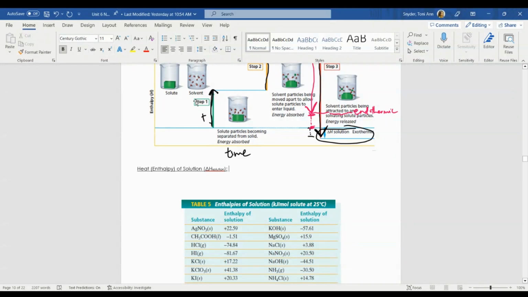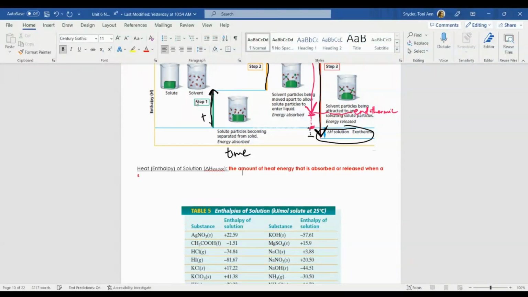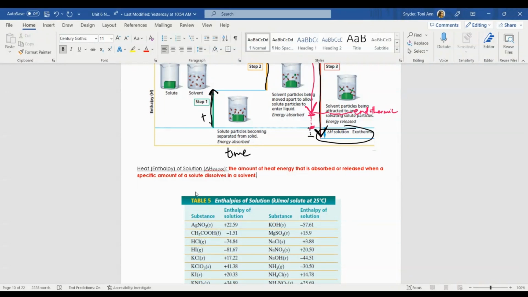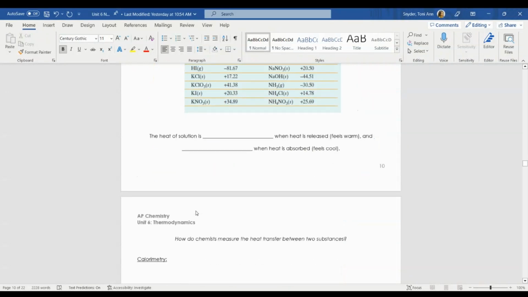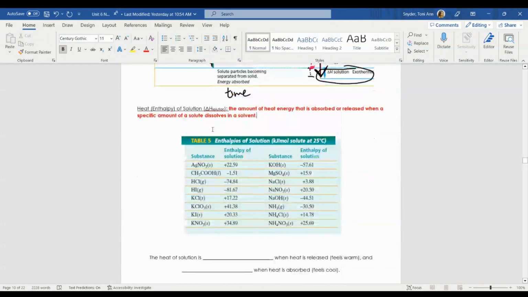So the enthalpy of solution is the amount of heat energy that is absorbed or released when a specific amount of a solute dissolves in a solvent. But you probably got the idea of that already as we were progressing through this.